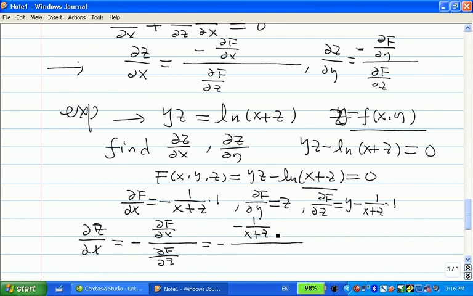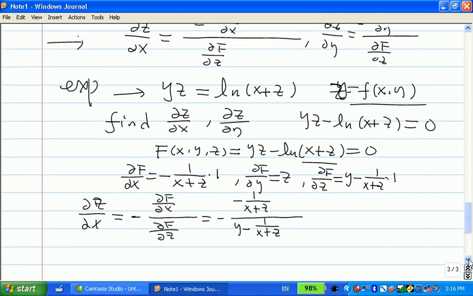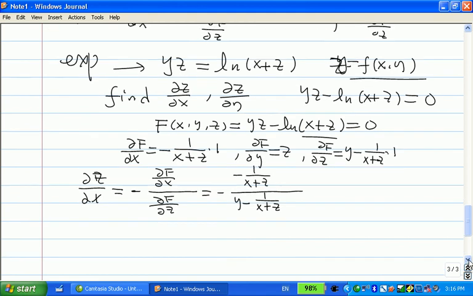And the partial f with respect to z gives you y minus 1 over (x plus z). I just leave it like that. You can simplify this. Now in the test, if you want to simplify this, make sure you do it correctly. Otherwise, I'm going to take a point off whenever you make a mistake.